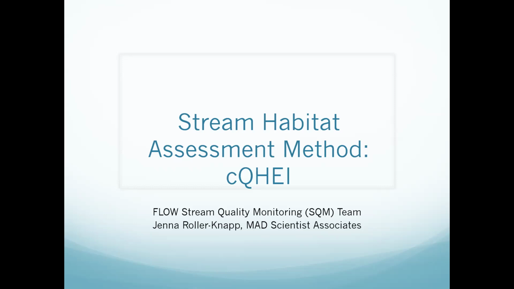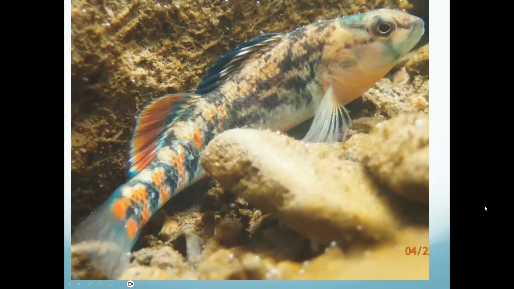So to start out, the cQHEI, let's see if I can switch slides here. There we go. Stands for the Citizen Qualitative Habitat Evaluation Index. Sorry, I'm just playing with the way I show that.